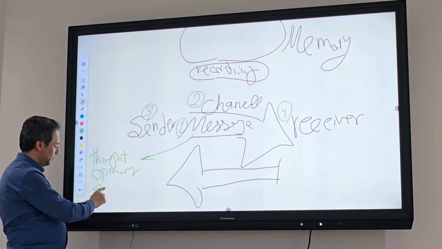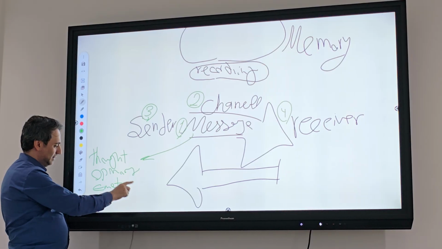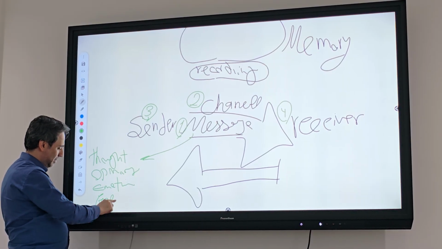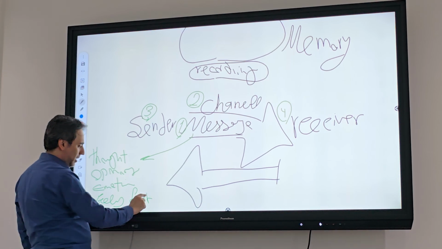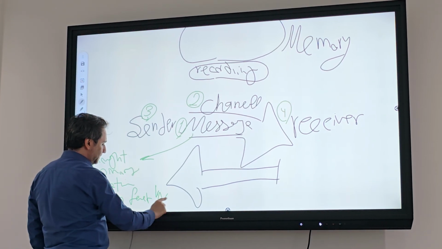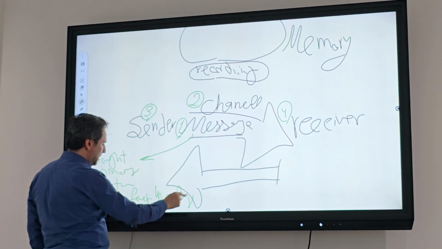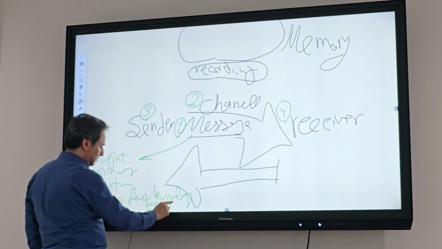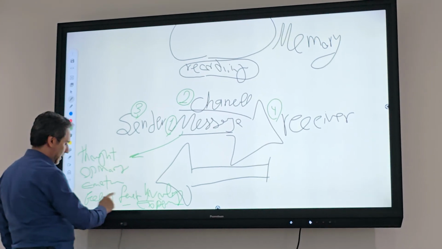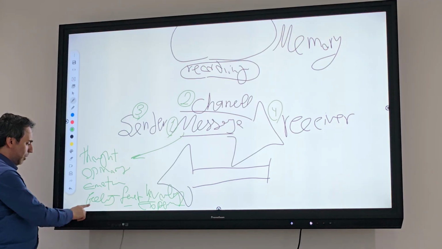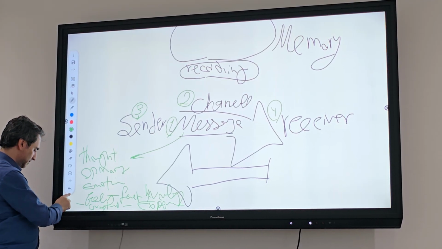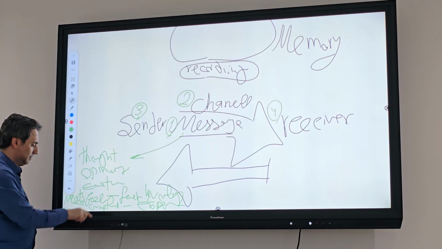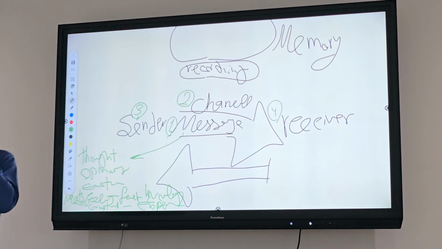This is emotions, for example, feelings. What else? Facts. Knowledge. What else? Experience. What else? Complaints. Needs.